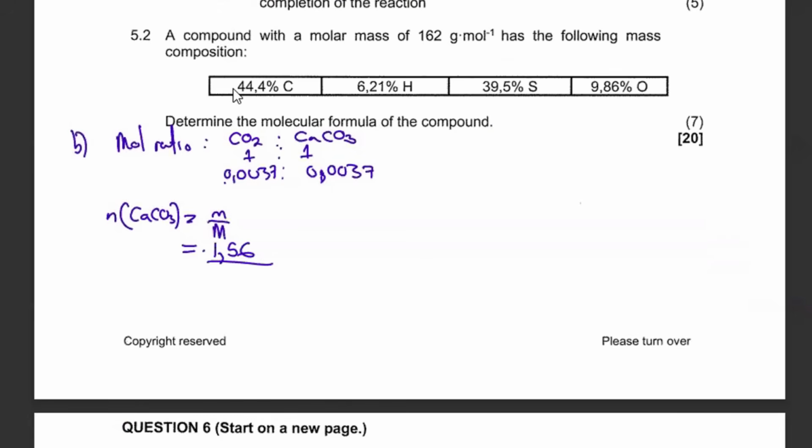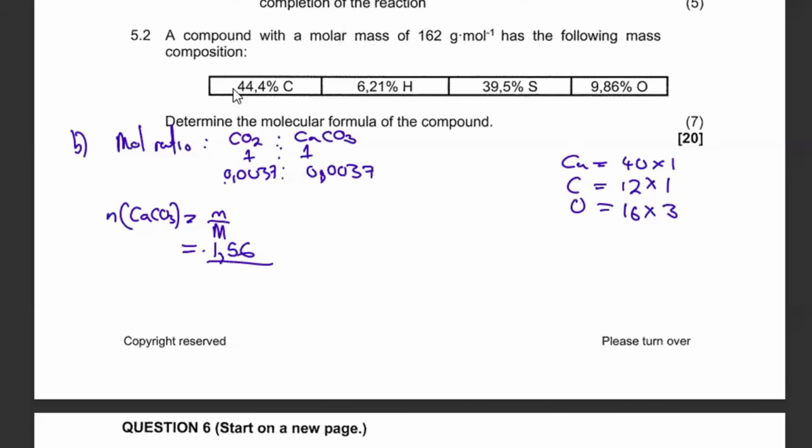For the molar mass of calcium carbonate, on the side here, calcium is 40, carbon is 12, and oxygen is 16. Calcium multiplied by 1 remains the same, carbon is also only 1, and oxygen is multiplied by 3.